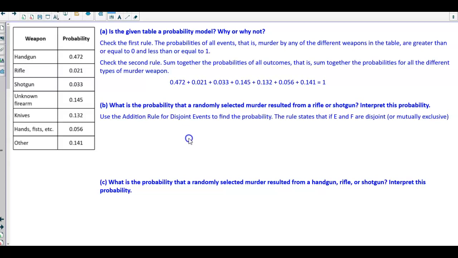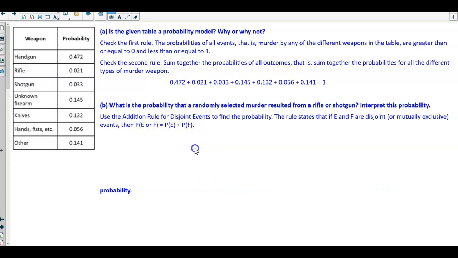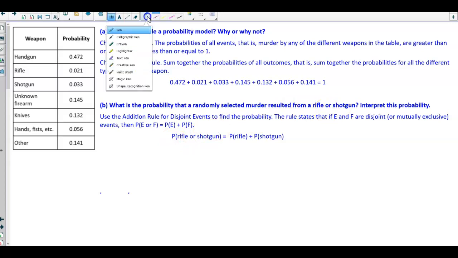The rule states that if E and F are disjoint, meaning mutually exclusive, then the probability of E or F is equal to the probability of E plus the probability of F. In our example, we're looking for the probability of a rifle or shotgun, because that's what the question is asking.